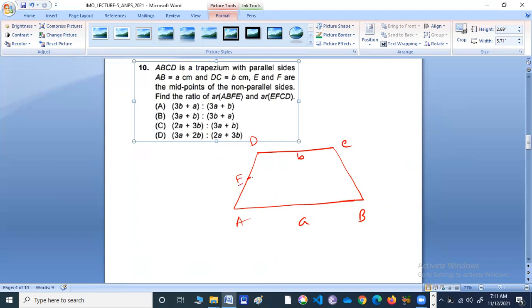So E and F. Okay. Find the ratio of ABFE and EFCD.